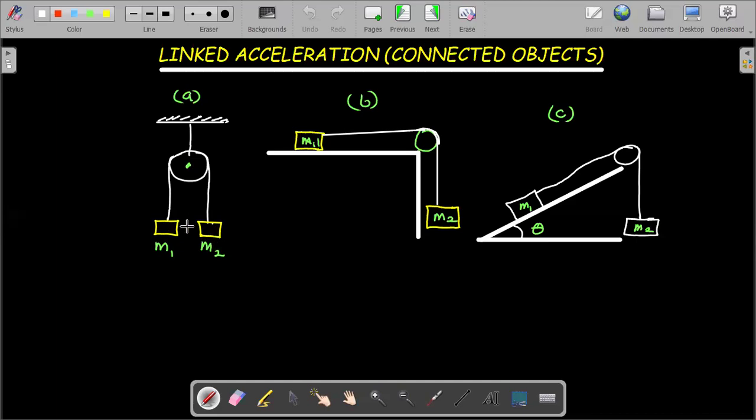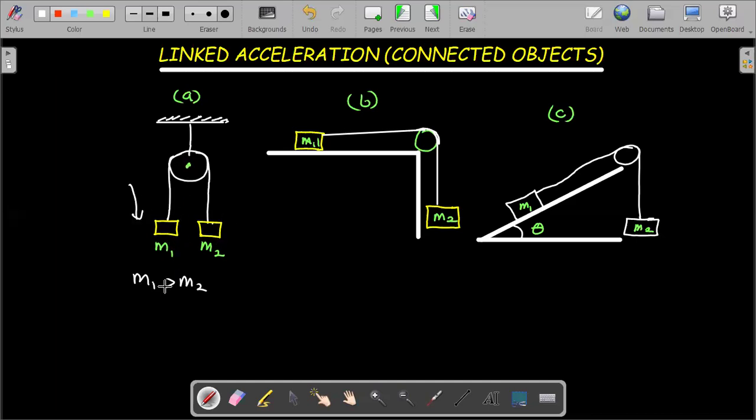So say that common acceleration. If we have varying masses, the acceleration with which M1 is going to move is the same acceleration with which M2 is going to move. So let's take a case study now. Let's say M1 is greater than M2, meaning that M1 is going to pull M2.